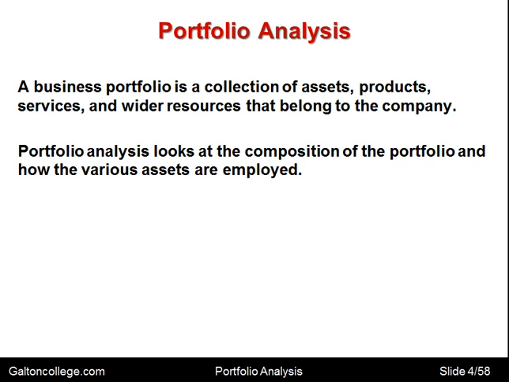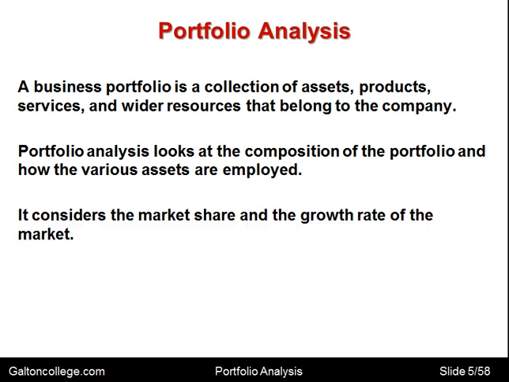It might want to move around the way the assets are employed. Perhaps there is too much cash in the bank and more investment would yield a higher return. Or perhaps there's too much investment and there needs to be some disinvestment in some areas. It depends. But it needs to optimize the portfolio. It needs to get the biggest return on the collection of assets that the business possesses.